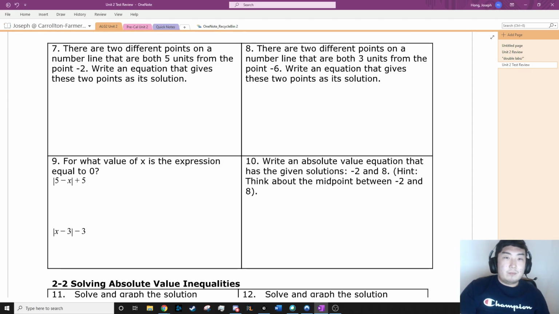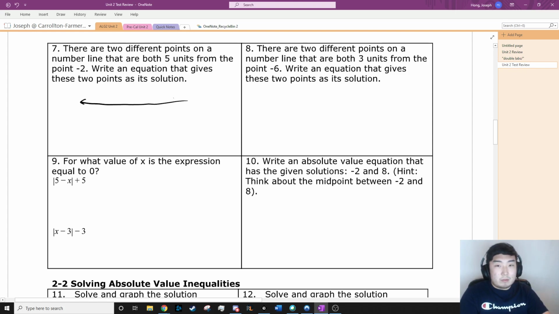Number 7. There are two different points on the number line that are both 5 units away from the point -2. Write an equation that gives these 2 points as its solution. So if I draw a number line, and I say that -2 is my middle because it says 5 units away from point -2.